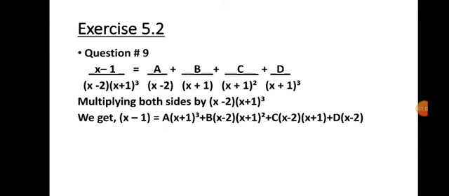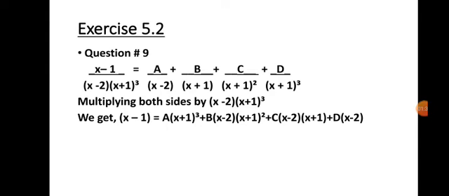The numerator is x minus 1 and the denominator is (x minus 2) times (x plus 1) whole cube. X plus 1 is the factor that is repeating 3 times, meaning it has power 3, so it will have 3 partial fractions.